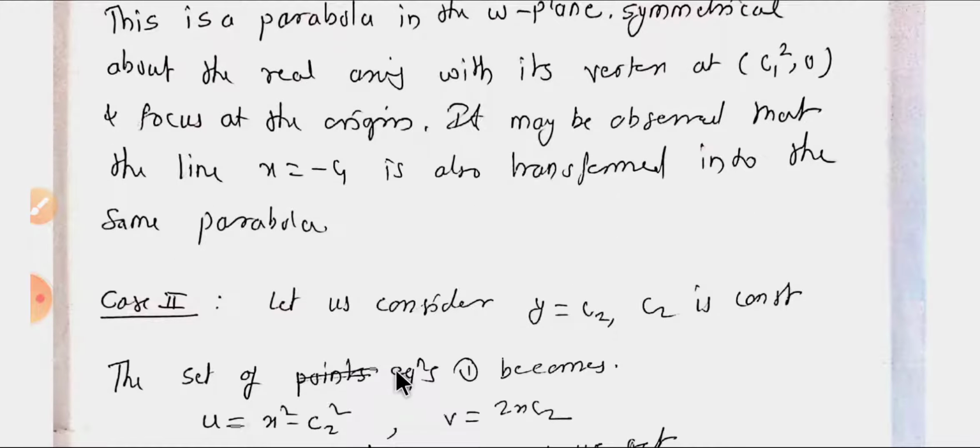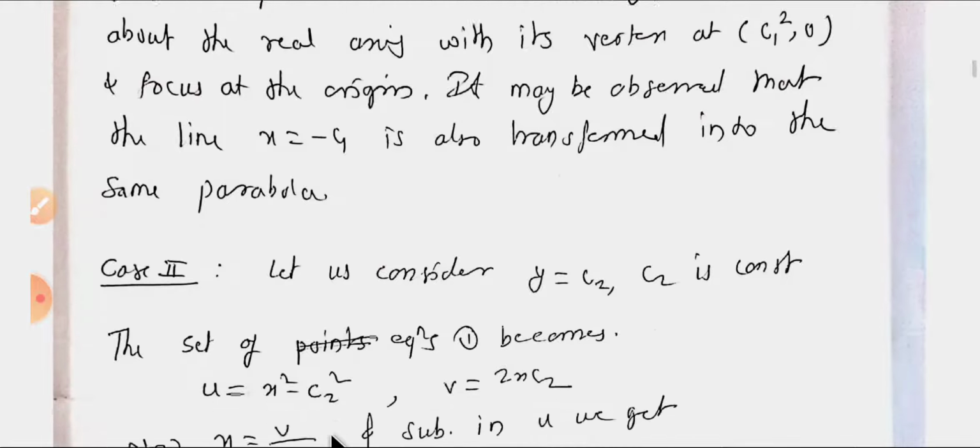Now case 2. Suppose y is constant, let us consider y equal to C2, where C2 is a constant. The set of equations 1 can be written as u equal to x square minus C2 square and v equal to 2x C2. Therefore x equal to v by 2 C2.